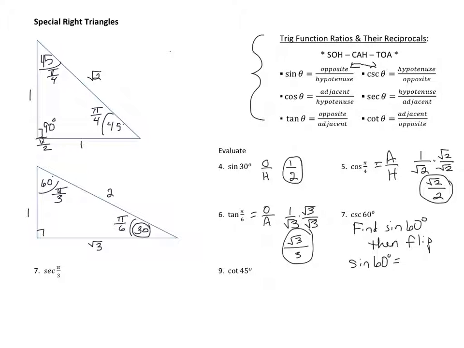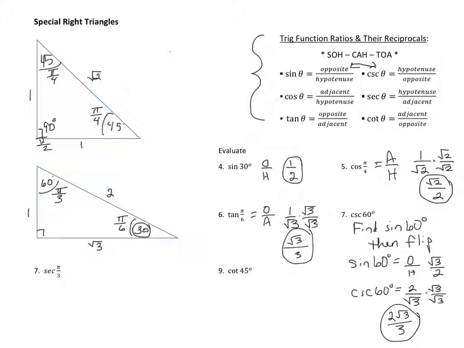We know sine is opposite over hypotenuse. So we go over here to 60 degrees. The opposite side would be square root of 3. The hypotenuse is 2, so that's the sine. Therefore, the cosecant of 60, we would just flip it, 2 over square root of 3. Now let's rationalize it just in case you may have to do that at some point. So that would be square root of 3 over square root of 3. And that will give us 2 square root of 3 over 3. That's our answer for the cosecant of 60 degrees.